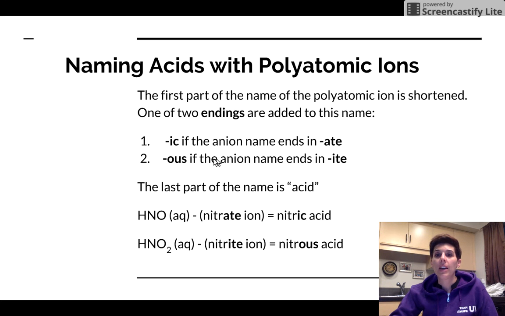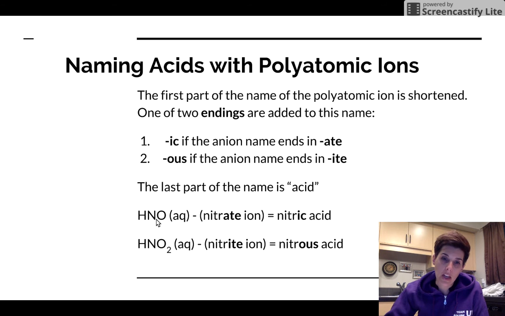So if I have nitrite, I'm going to have nitrous. Okay? And then we're just going to add the word acid. We don't need the word hydro here. Because it's a polyatomic ion, we don't use hydro. That's only with nonmetals.